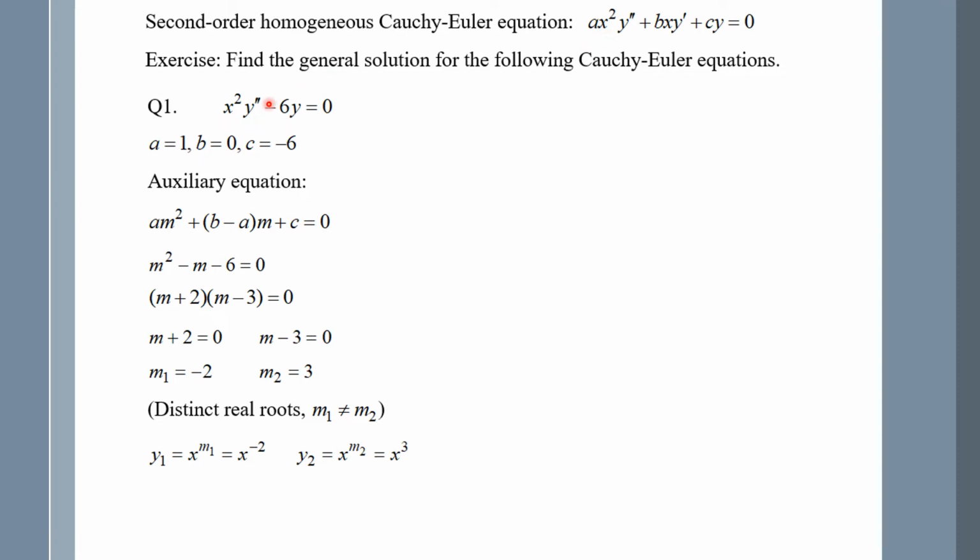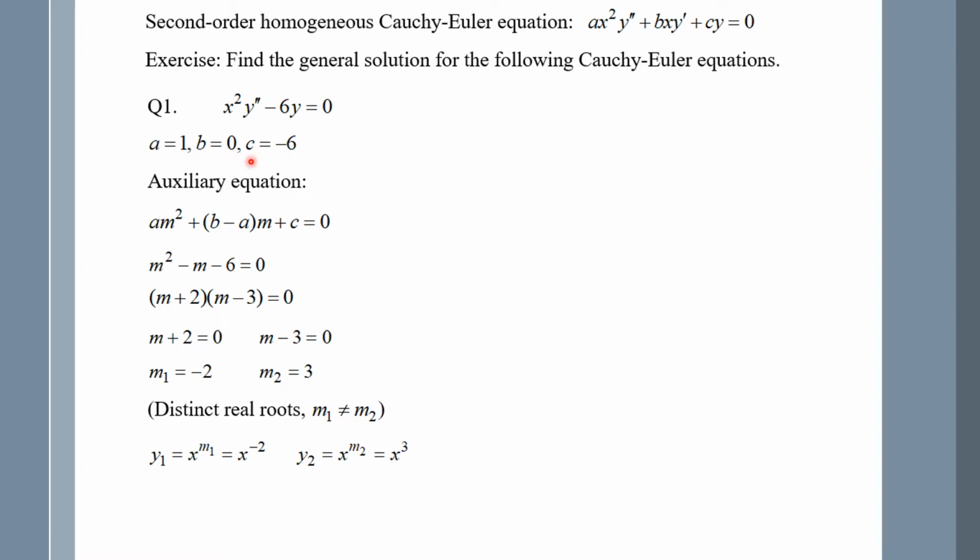So in this case, a equals 1. b refers to the constant term for the coefficient of y prime. In this case, b equals 0. That's why the y prime term is not listed here. And c is the coefficient of y. In this case, c is negative 6.